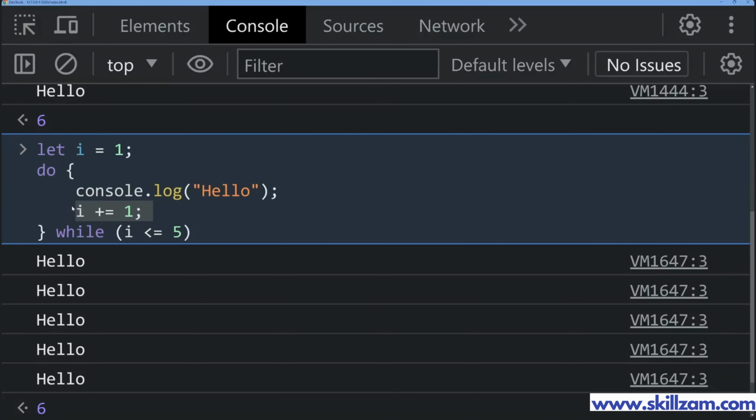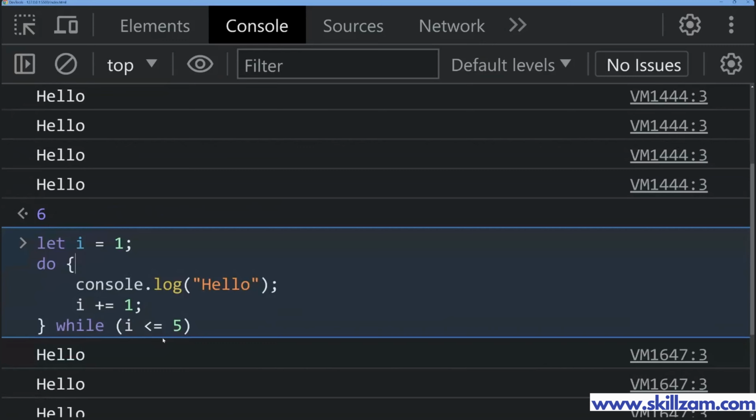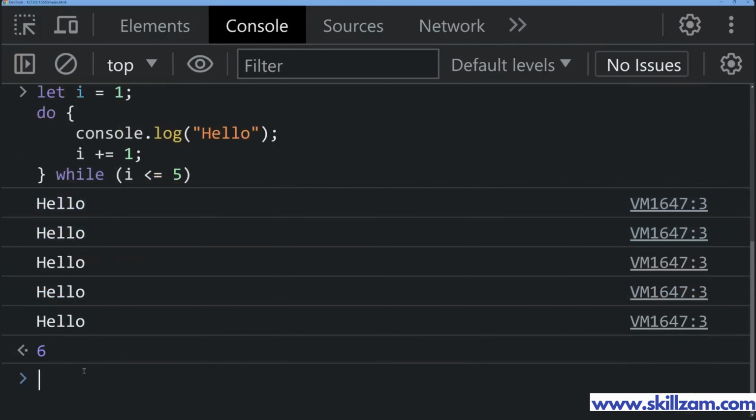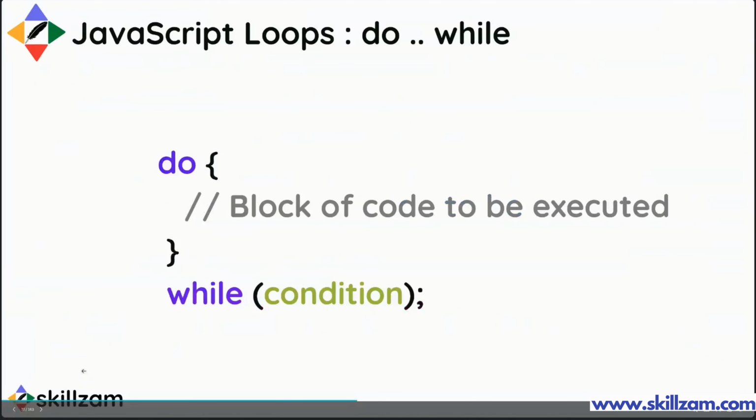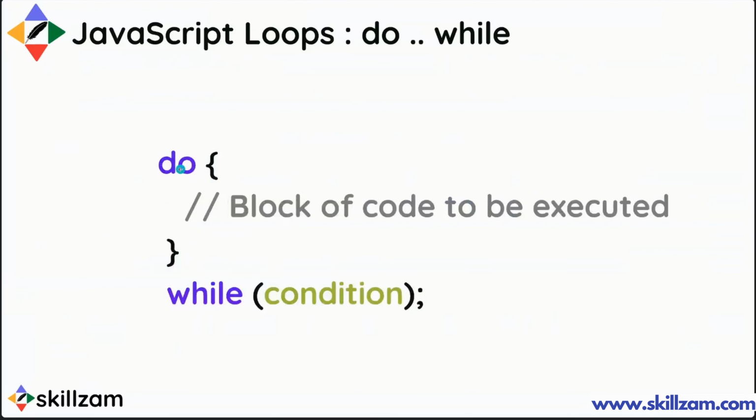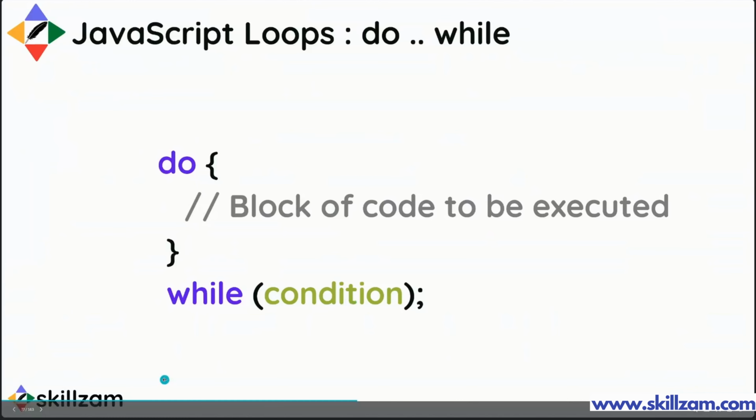All right, both are doing the same thing, and that is what we call the do while loop. This is the code we saw: do a block of code until this condition is true. If the condition is false, then it will exit the do while loop.